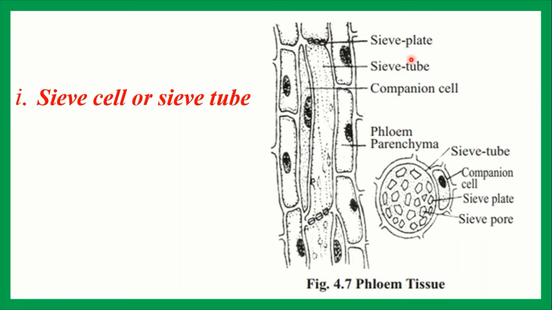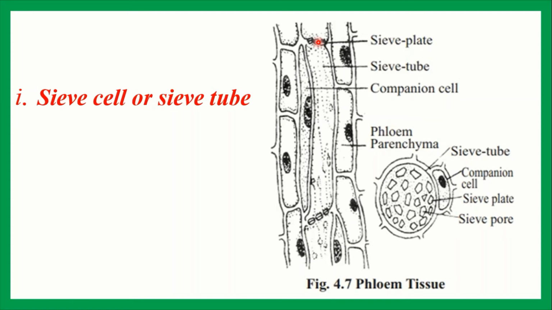A mature sieve cell is living but has no nucleus. The food materials are transported through the sieve plate. But in winter, the chemical substance callus is deposited on the sieve plate. Everybody see this figure here. Callus is one type of lipid substance.